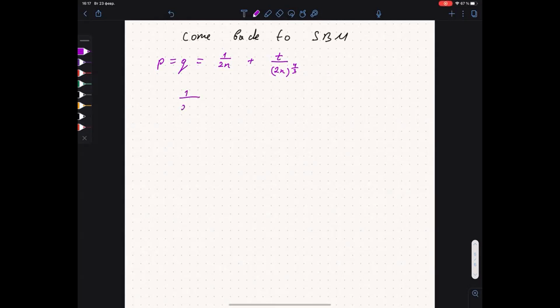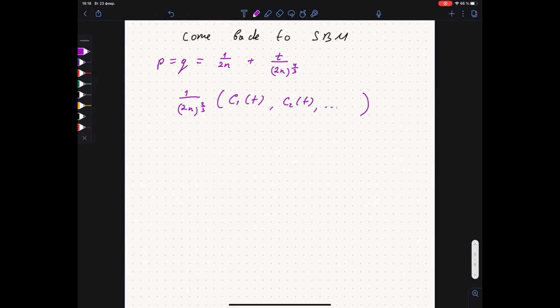The limit of the rescaled vector (1/(2n)^(2/3)) of c1 of t, c2 of t, the sizes of connected components of that graph, according to the Aldous theorem, converges to the multiplicative coalescent.